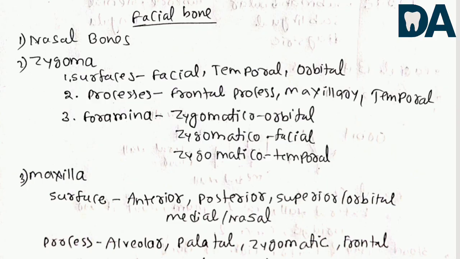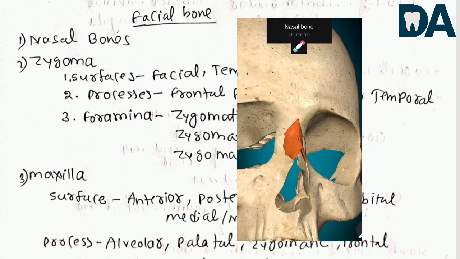Next sections provide a detailed description of the individual facial bones along with their relationships. First one is the nasal bone. Nasal bones are two small longitudinal bones, which meet in the midline to form the prominence or bridge of the nose.